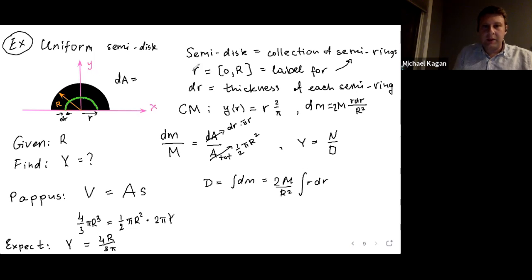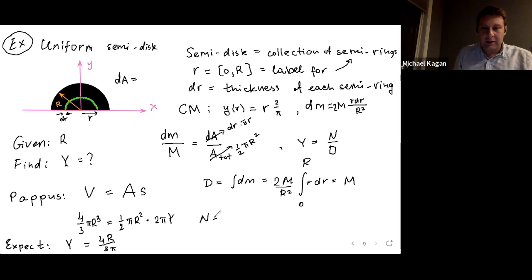Well, I already put it up here, notice. Very convenient. Put 0 to R. Okay? Now, this integral is very easy to compute. This is R squared over 2. So we get M. It's kind of silly to do this integral, but you can think of it as a checkpoint. You should get M at the end. If you don't, that means you made a mistake somewhere.